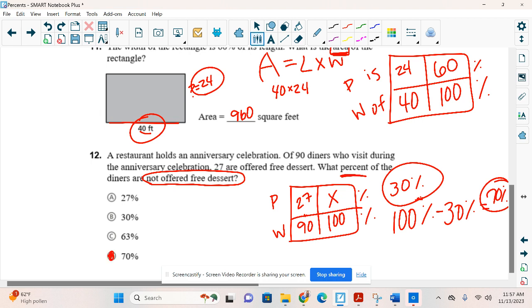So that was enough, because look what other answer choice was there. 30. If you didn't read your question carefully, you would have picked the 30 and kept moving on, and you would have gotten it wrong. Before you move on, you need to go back and look at what the question is asking of you, and ask, did I answer the question?